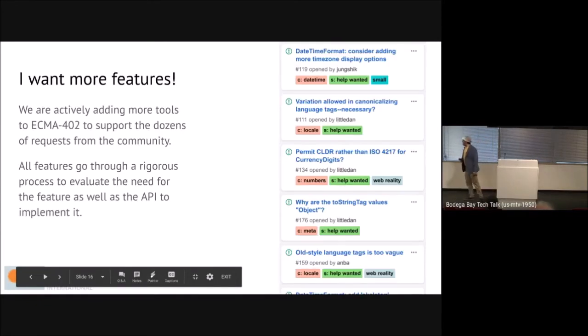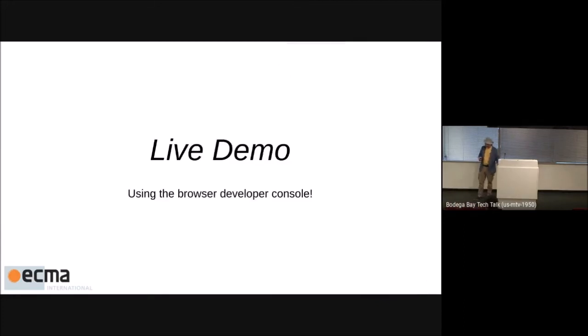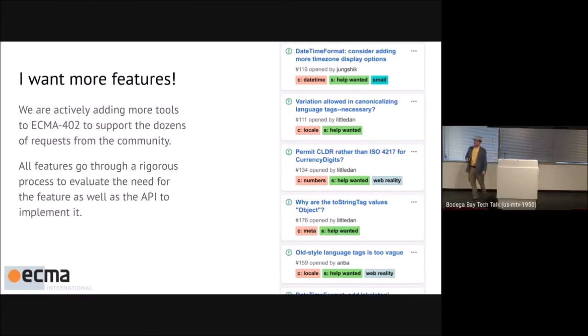Okay, so I showed you a lot of those features: number formatting, date formatting, collation and plurals. Okay, so those are 4 great features, but I want more features. Here's just a list of some of the feature requests that we get.